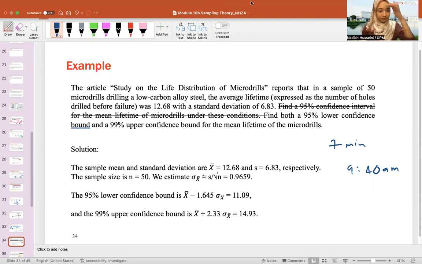Okay, so it's time. It's already 9:40. So let's go for this example. Pretty straightforward if you have read it. If you have not read it, I'm going to read it.